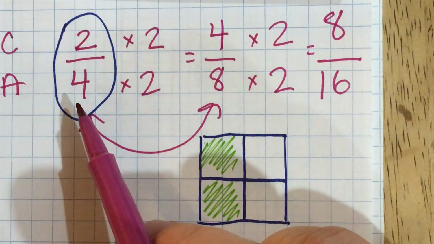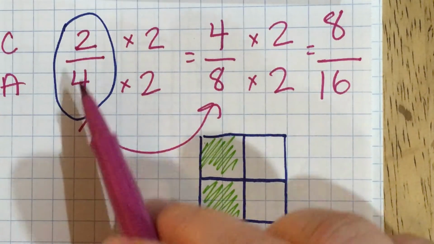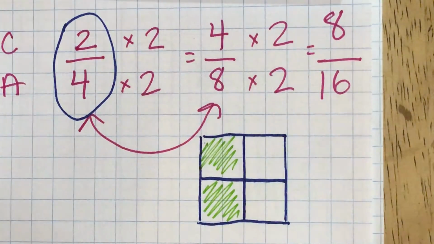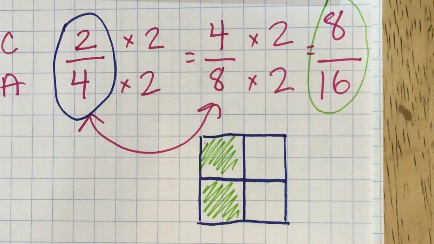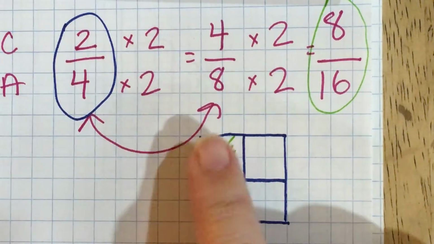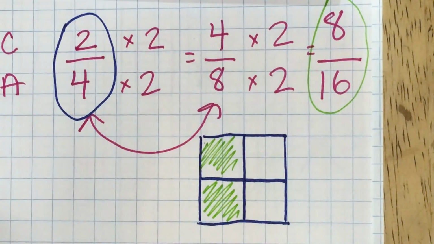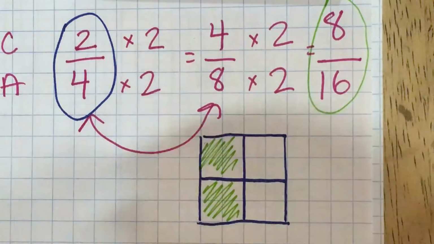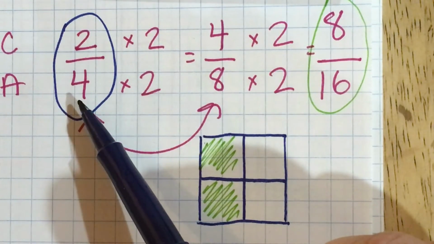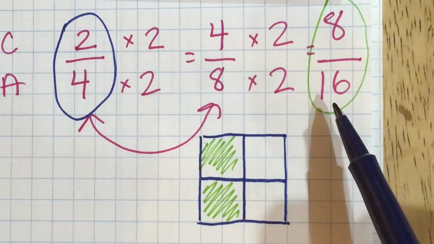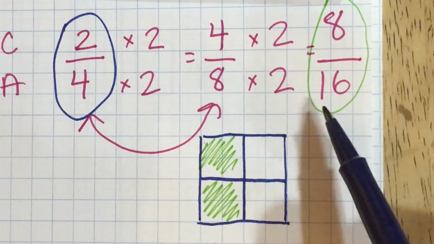Now, if I'm going to go from 2 over 4 and compare it to 8 over 16, I just want you to understand why these are equivalent. So here I've got 2 of the 4 blocks shaded in. The entire square we might consider one whole. Now imagine instead of dividing into 4 equal parts, I want 16 equal parts.